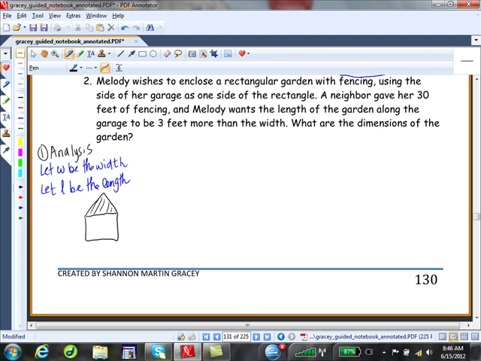So it says here the length of the garden that's alongside of the garage. So do you see this here is going to be L. The alongside the garage will be our L. And then it's a little bit different than what we're used to, but that's okay.